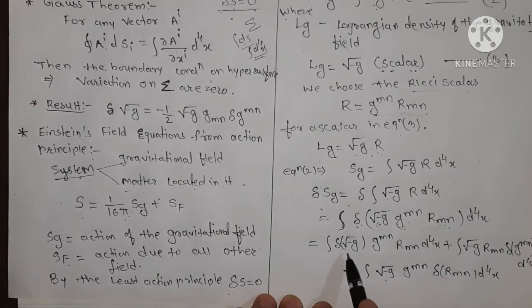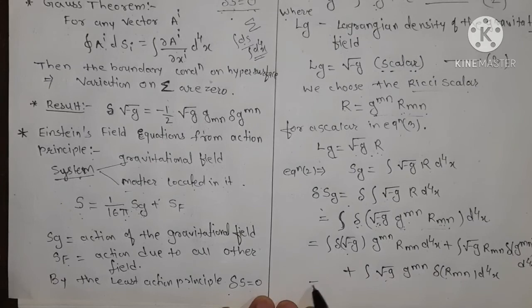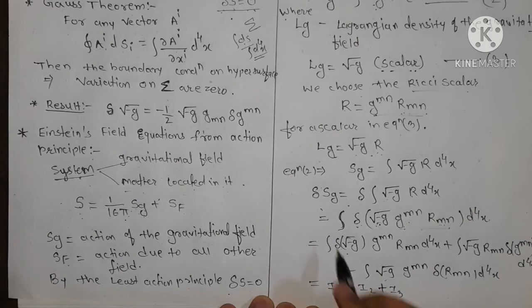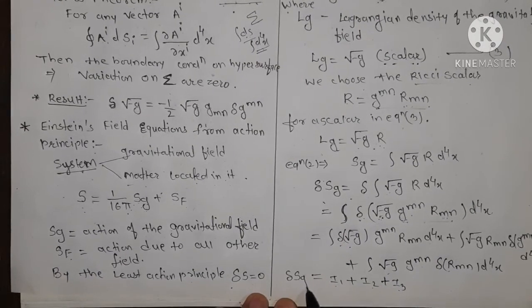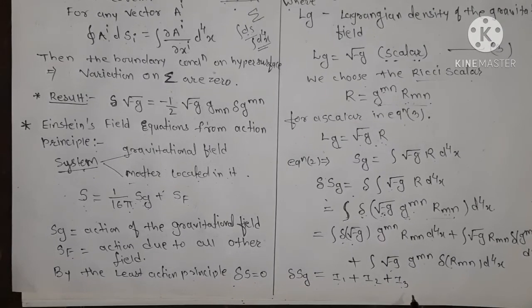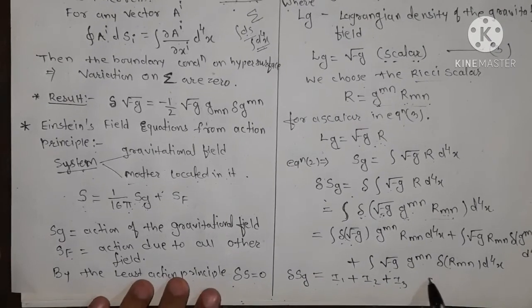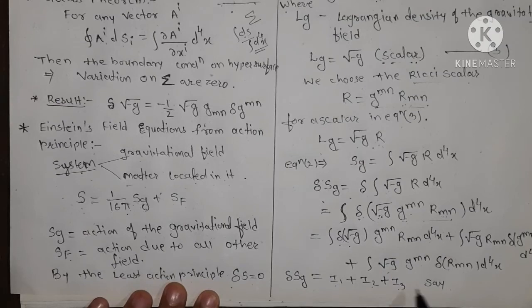We denote these integrals as I1 plus I2 plus I3, that is, the first integral as I1, the second as I2 and the third as I3, and we solve these integrals one by one.